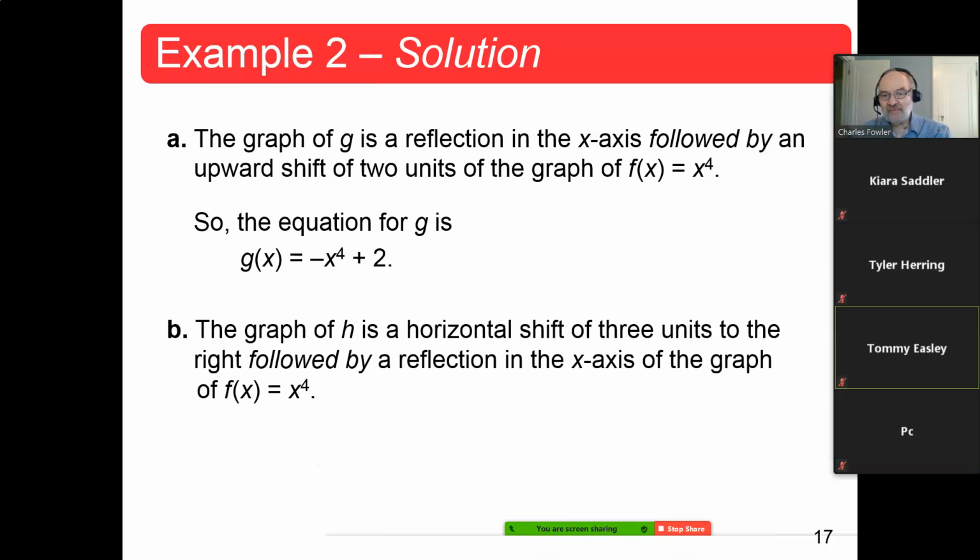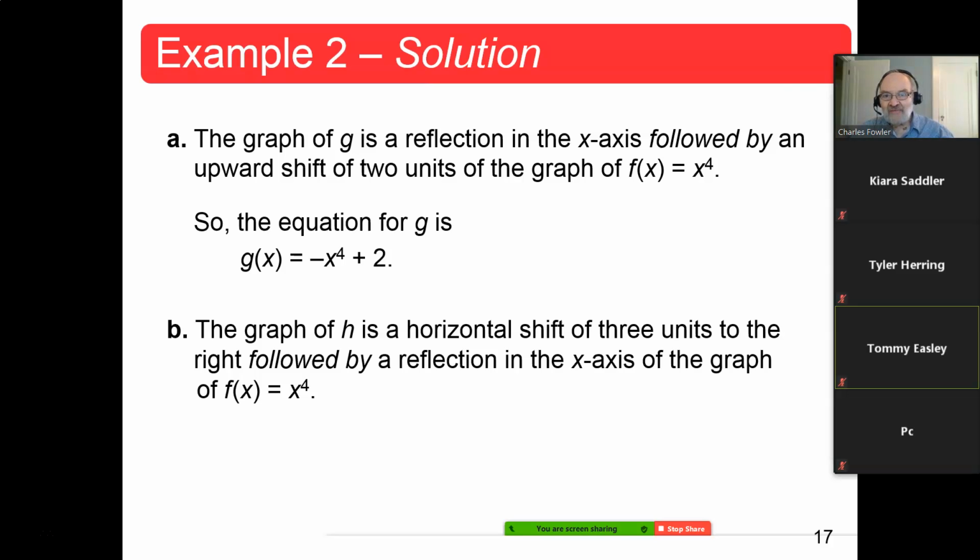The B one, the graph of H is a horizontal shift 3 units to the right, and then they said followed by a reflection in the x-axis. It doesn't matter on this one whether I would say reflect first and then shift. They say shift first and then reflect. In this case, it doesn't matter, okay, because both of those work.